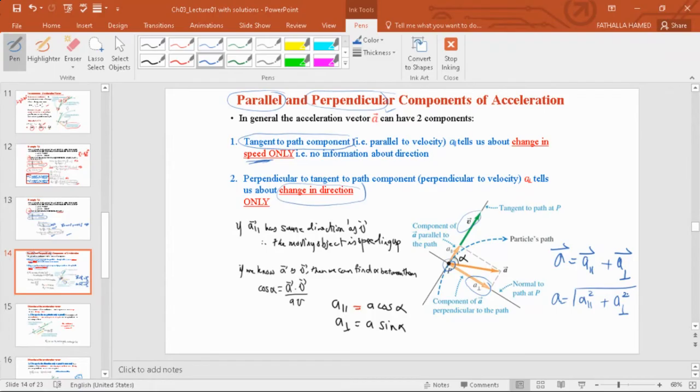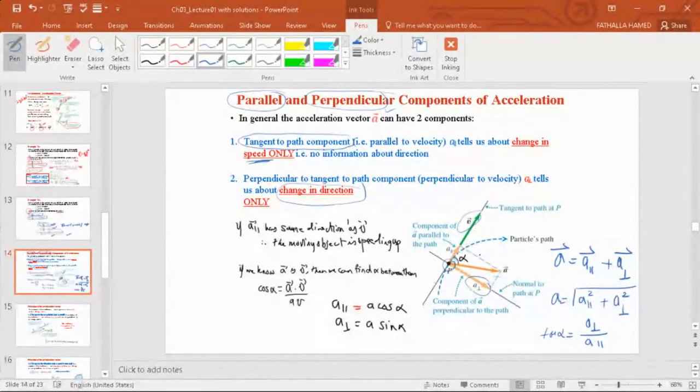If I want to get a direction, relative to what? In this situation here, you want to measure it relative to the position, so you may want to make it relative to this tangent curve, and that's why we can say here that tan alpha will equal A perpendicular over A parallel, and you're measuring this angle here relative to this tangent, and that will be your resultant acceleration here.